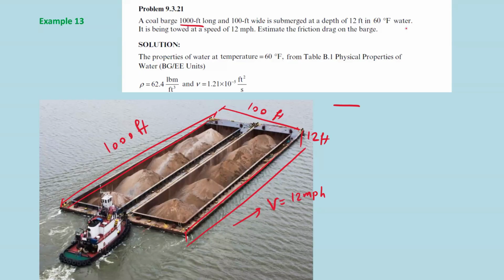It gave you the temperature, so probably any kind of water properties would be read from the table of the relationship between temperature and the rho, nu, and other water characteristics. So here, as you can see, if the water temperature is 60, you will have these two numbers, nu and rho.